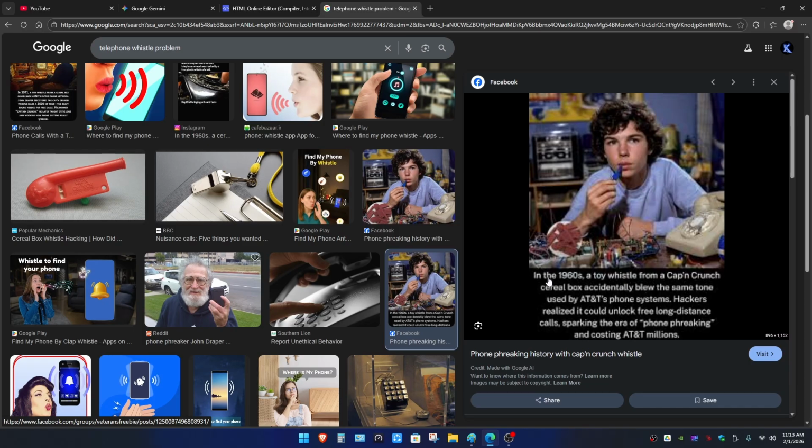In the 1960s, a toy whistle from a Cap'n Crunch cereal box accidentally blew the same tone used by the AT&T phone system. Hackers realized it could unlock free long-range calls, sparking the era of phone phreaking and costing AT&T millions. So this is a real topic.